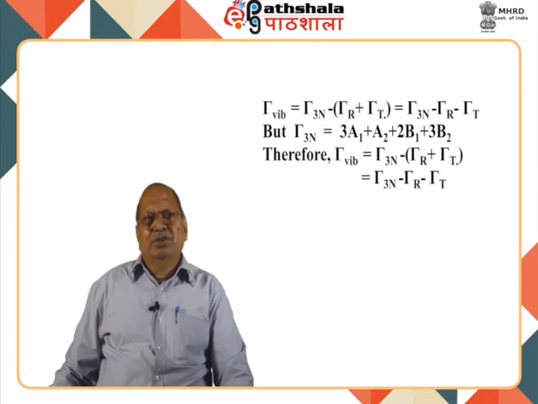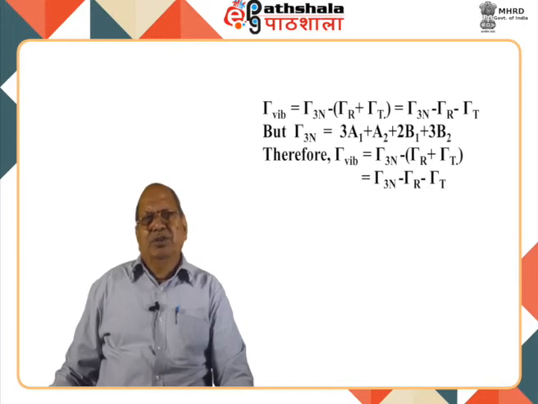Tau vibration is equal to tau 3n minus tau r minus tau t. But tau 3n is 3A1 plus A2 plus 2B1 plus 3B2.